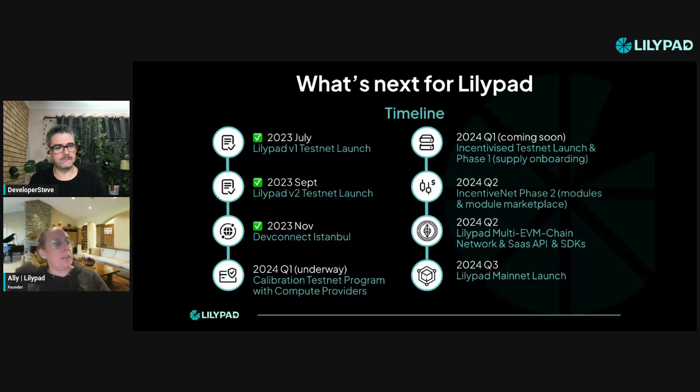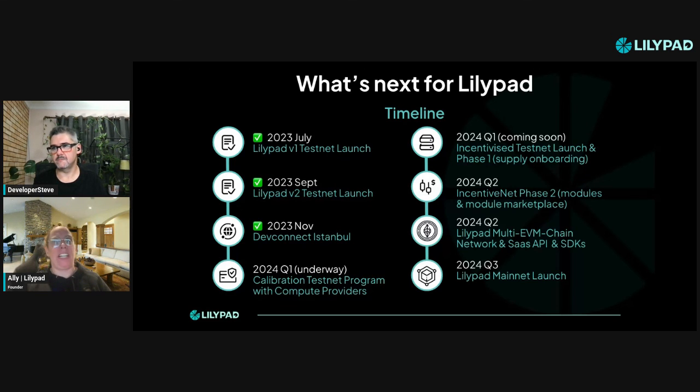Firstly, what's happening more short-term is we'll be launching an incentivized testnet, as I mentioned a little bit earlier. We'll go through phases of that incentivized testnet. The first will be onboarding supply. So if you have a GPU or even a CPU in some instances, you'll be able to be incentivized to run on the network. The next part will be about incentivizing modules and building out that module marketplace I briefly spoke about.